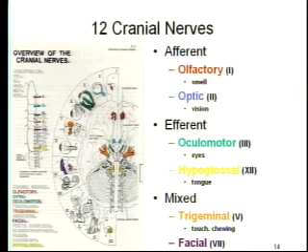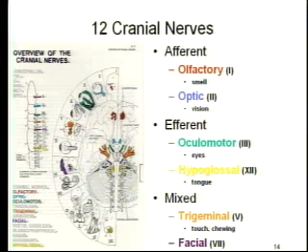So, for example, let's look at a couple of exclusively afferent nerves. The olfactory nerve, known as cranial nerve number 1, mediates the sense of smell. It connects the sensory structures in the nose to the brain, and all it does is take olfactory messages from the nose to the brain.